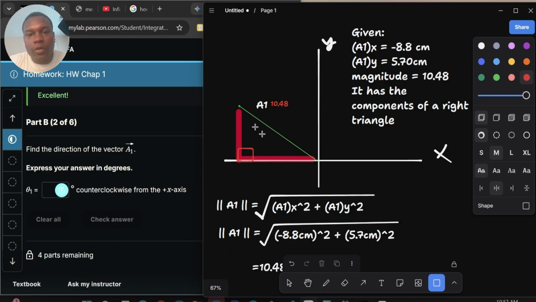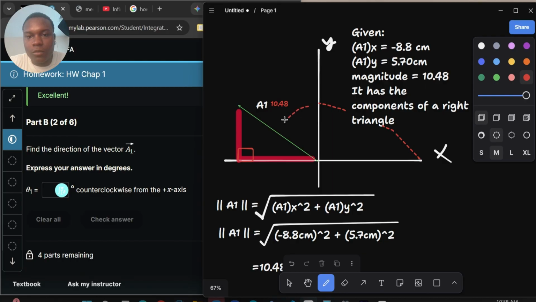Here, 90 degrees. This angle's 90, so it's asking us for this angle here. It's asking us, what is this here?